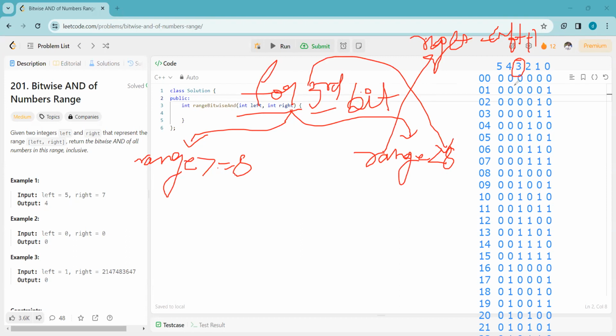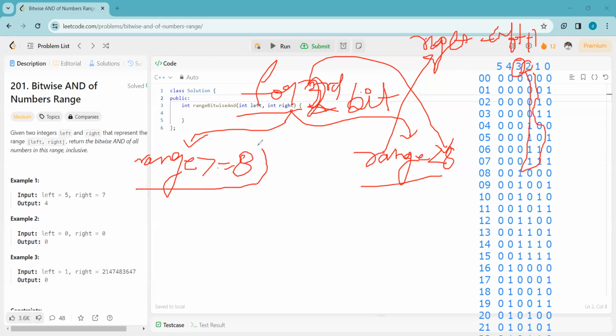Sorry, for the second bit, let's see. The pattern repeating for the second bit is 4 zeros, 4 ones. That means after 8 numbers, the pattern is repeating. That's why we are considering range greater than or equal to 8 and range less than 8.